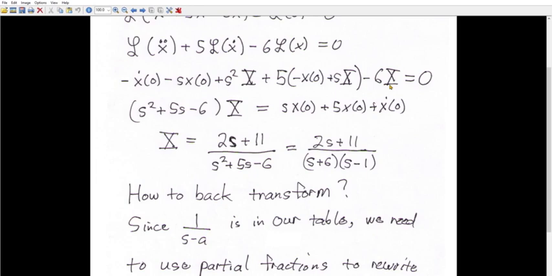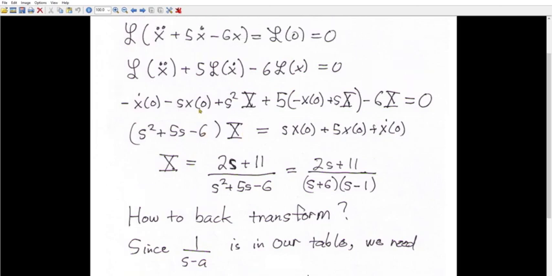And we're going to do exactly what we did previously, which is keep all of the s stuff on the left-hand side. And what we'll get is an s squared plus 5s minus 6 cap x. And we move all the other stuff to the right-hand side, sx of 0 plus 5x of 0 plus x dot of 0.